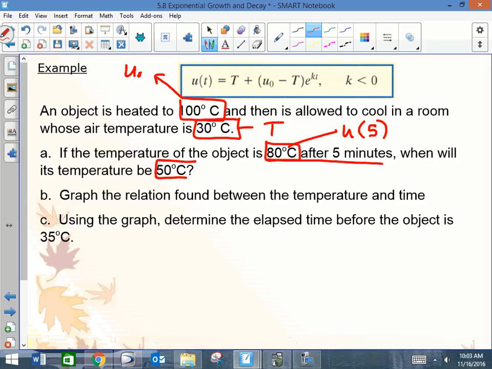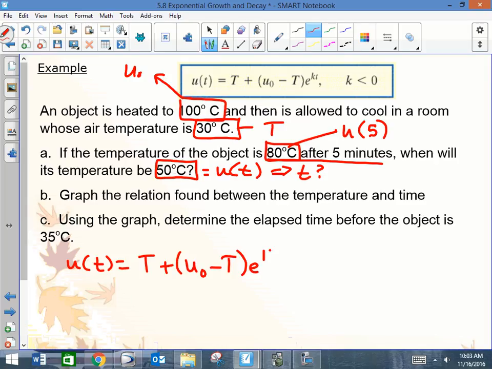And we are looking for U of T, we're looking for T. Here we go. U of T equals big T plus U sub 0 minus T e to the k T.